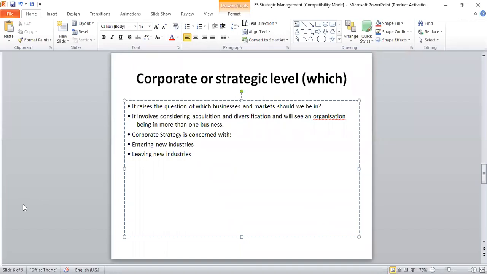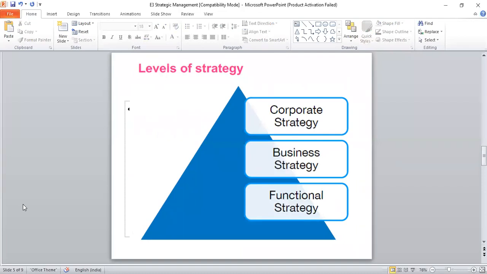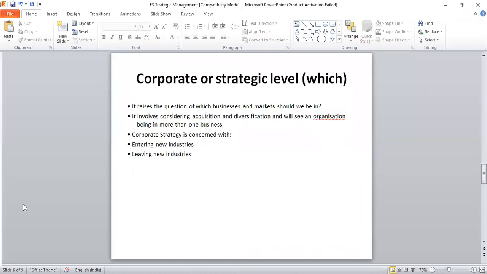Fine. We are discussing the business. At the corporate level, the corporate strategy, at the top level, they plan for the entire organization. What's the course of action which has to be taken for the entire organization is what is looked into. It raises the question of which businesses and markets should be in.